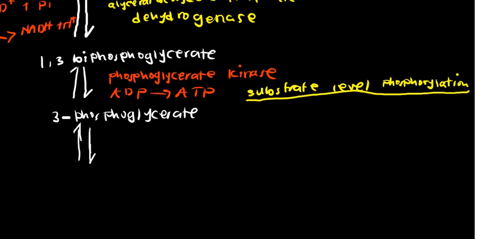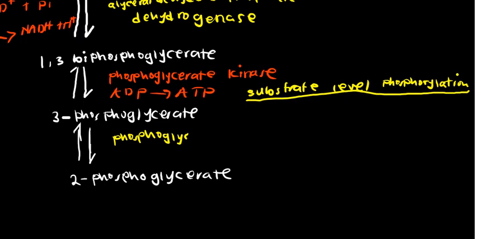So the enzyme here will be phosphoglycerate mutase. Let's use a yellow color.